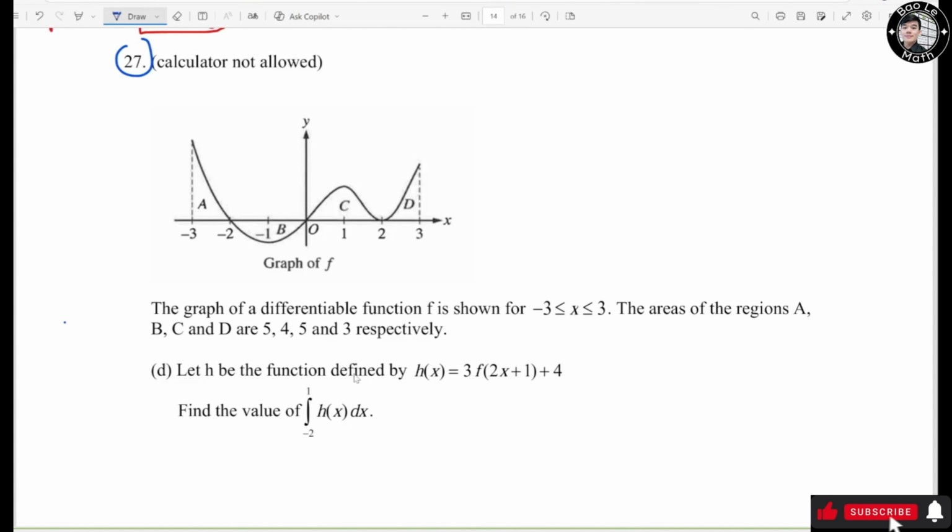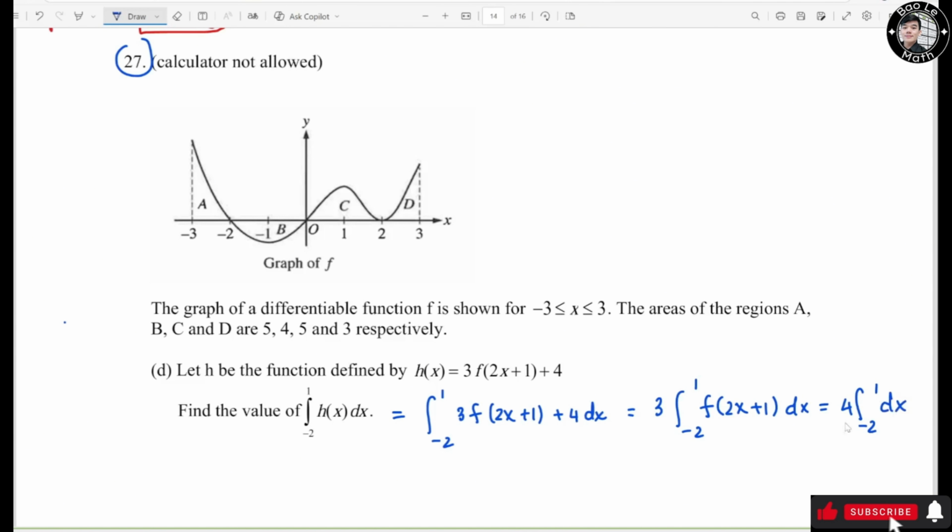Basically this is the same thing as the integral from negative 2 to 1 of 3f of 2s plus 1 plus 4 ds. So it's going to be 3 times the integral from negative 2 to 1 of f of 2s plus 1 ds, plus 4 times the integral from negative 2 to 1 of ds.